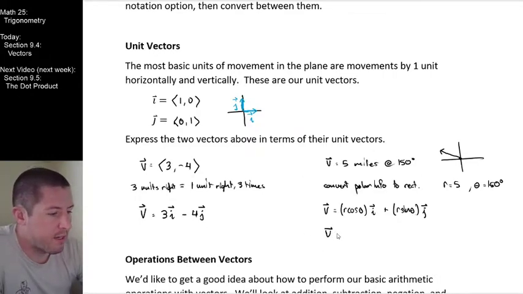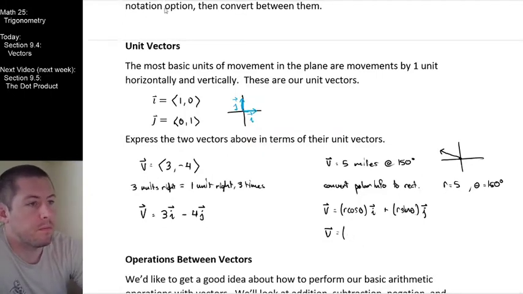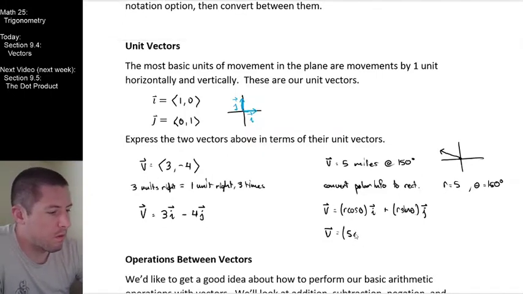So in this case here, it seems like we're going to be getting 5 times cosine of 150 i plus 5 sine 150 j.